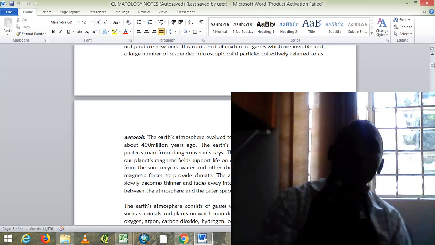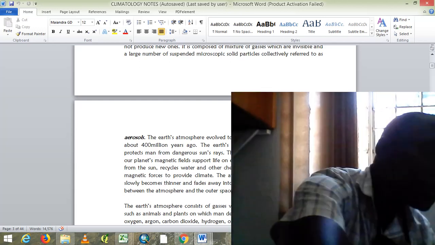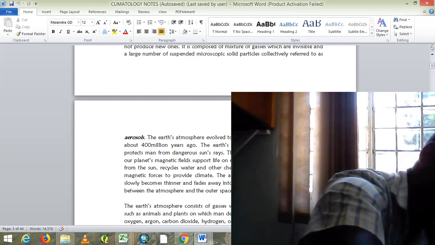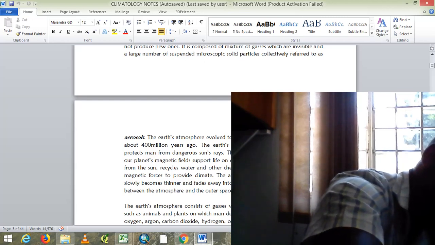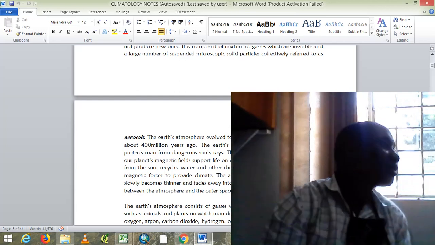You know very well that light is the one which aids us to see. That's why within this spectrum, there is what we call visible light. This is the one which can be detected with your naked eyes, and it's the one which enables us to see.